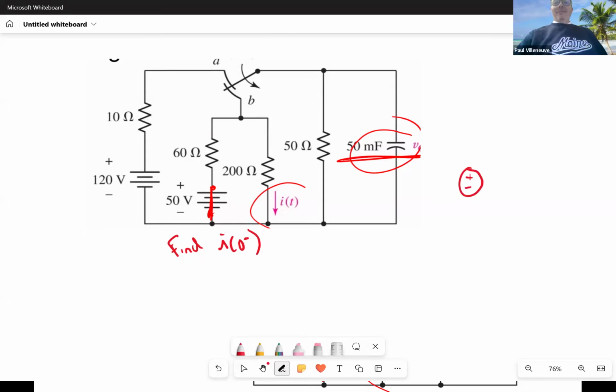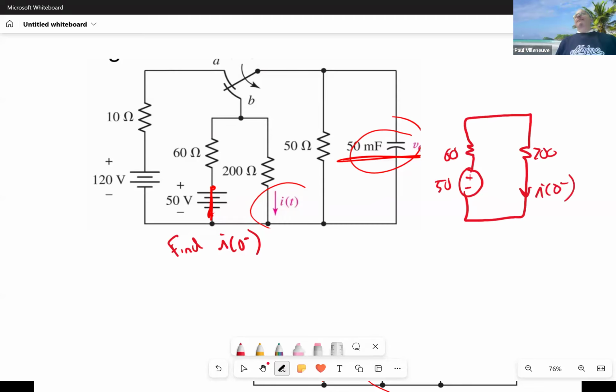I got 260 ohms, and divided 50 by 260. So I of 0 minus is equal to 50 divided by 260.